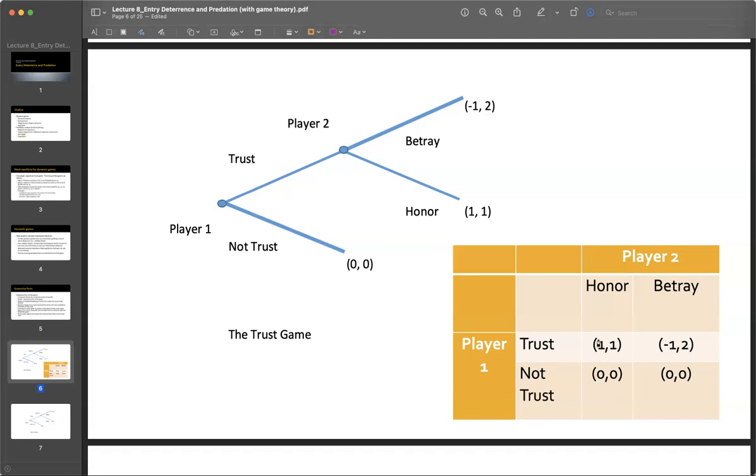Compare player one's profit if he trusts, which is 1, and if it's not trust, which is 0. So 1 is bigger than 0, so we underline it. If player 2 plays betray, what is the best move of player 1? Player 1 would like to not trust. So we underline here.